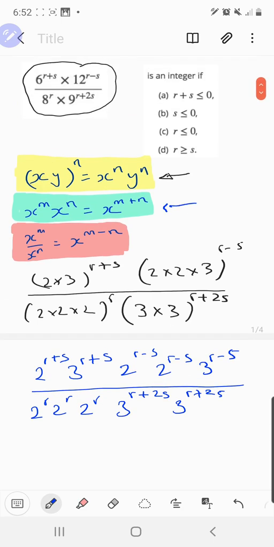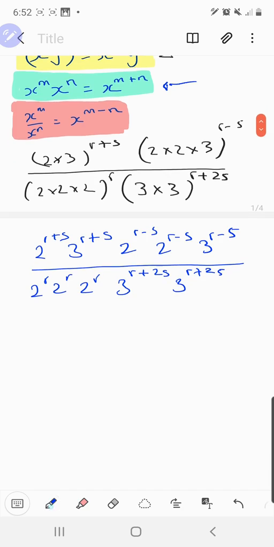Let's now use the second of these to put the 2's together and the 3's together. So the numerator, well, look at the powers of 2. So we have an r here, and another r, and another r. So we've got 3 r's, because the last one is a power of 3, obviously.